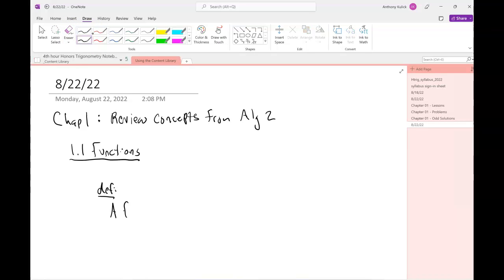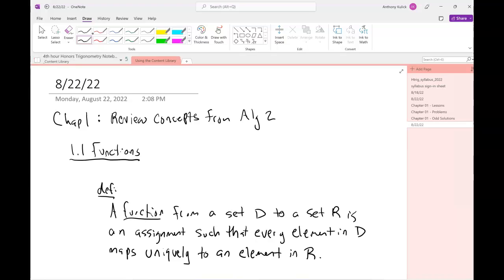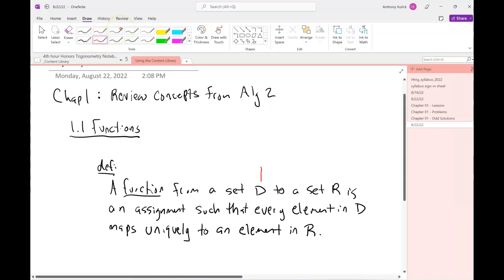Okay. So we'd say that a function from a set D to another set R is an assignment or rule or pairing such that every element in D maps uniquely to an element in R. This set D has a name.